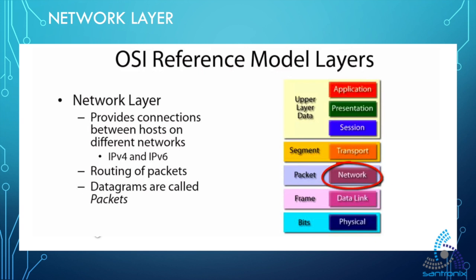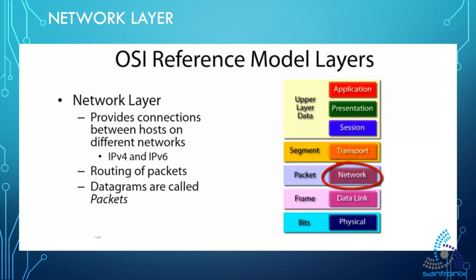The next layer is the network layer. This is a very important layer because it is responsible for transferring your data in a distributed network, from one endpoint to multiple endpoints. It also specifies the internet protocols, whether version 4 or version 6, and the number of devices supported varies.